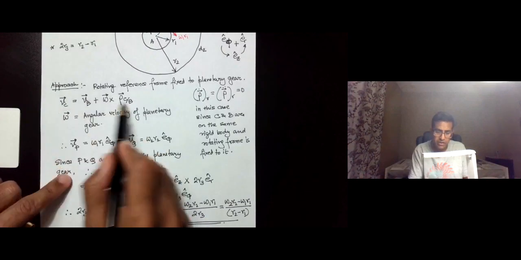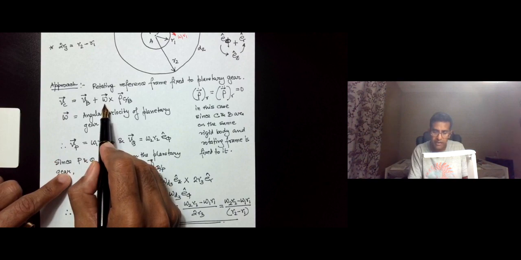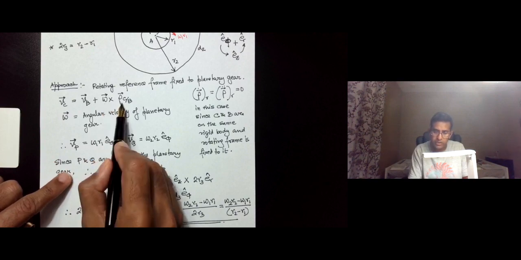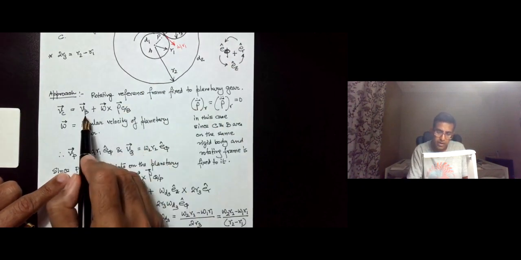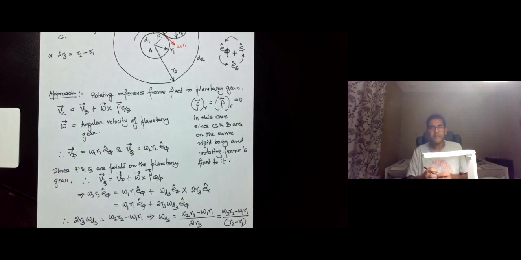So in terms of this original equation which we started with, in order to find Vc, we find that we now have omega. Rho c with respect to b is quite simple because it's just this vector going from b towards c. Now what we need to find out is the velocity Vb, so let's find that out.